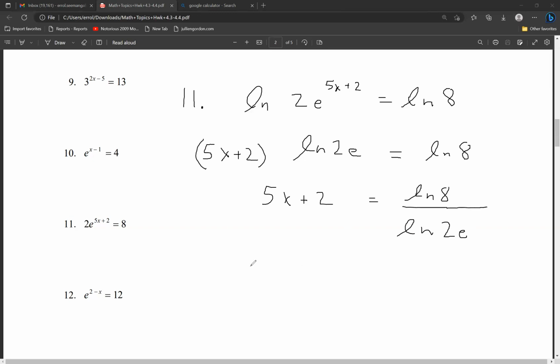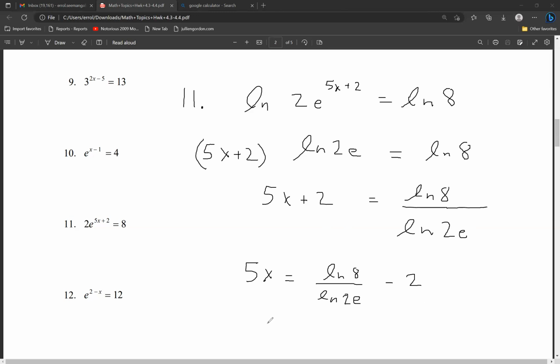And then 5x, subtract 2 on both sides. ln 8 over ln 2e minus 2.